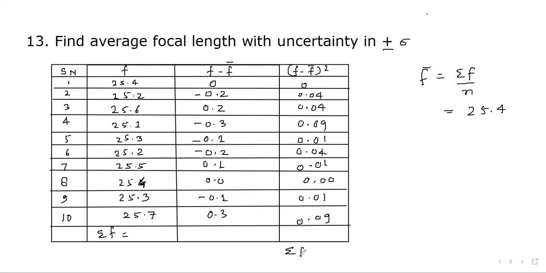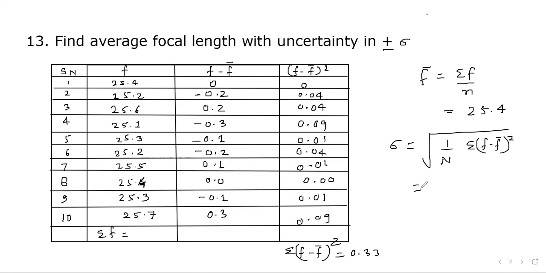Now we have to find out the sum. So sigma of F minus F bar square will give 0.33. Now standard deviation sigma is given by root of 1 upon n, number of terms, and sigma of F minus F bar whole square. So this will become root of 0.33 divided by 10, or 0.033.